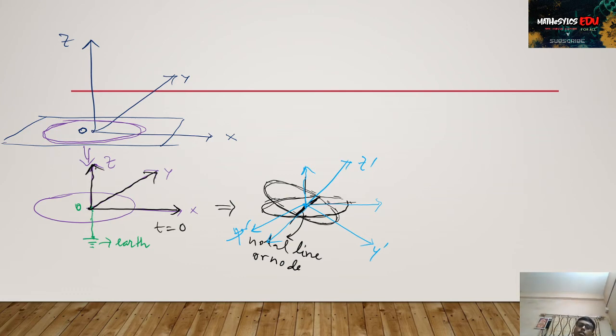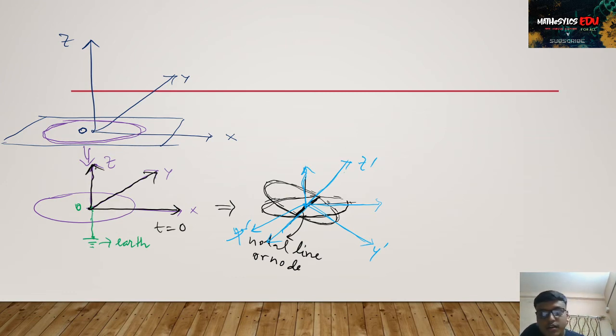There is no translation of the body that we are considering, so there is no meaning in changing the origin. These were our initial coordinates and these are our final rotated coordinates. In this video we are going to see the relation between them.